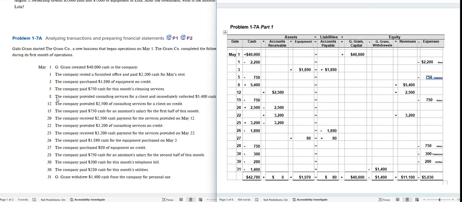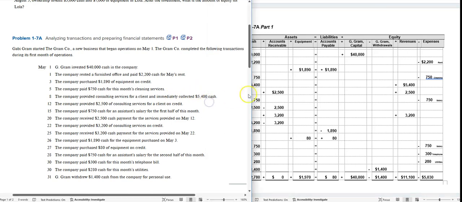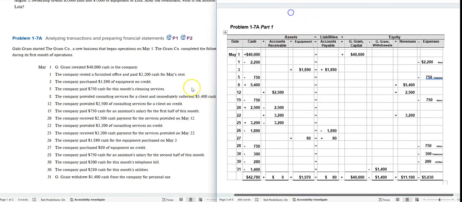On the 8th, the company provided consulting services for a client and immediately collected $5,400 in cash. When the company provided the services to the client, they have earned the revenue. We need to increase our revenues. They have made a sale. Additionally, they received $5,400 in cash.